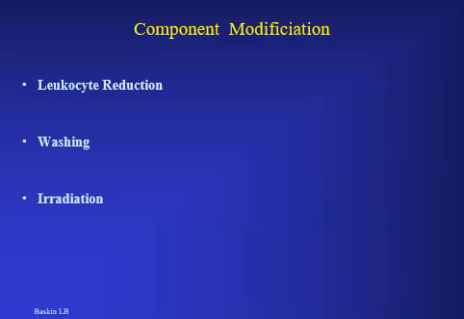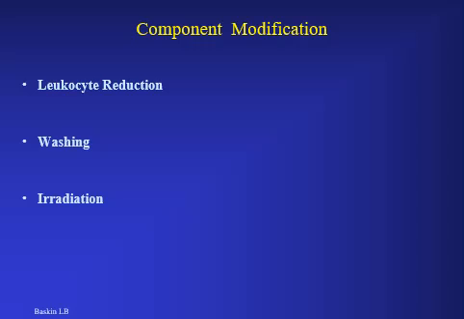Now, sometimes the red cell units need to be modified, and there are 3 main modifications that can be made: leukocyte reduction, washing, and irradiation.